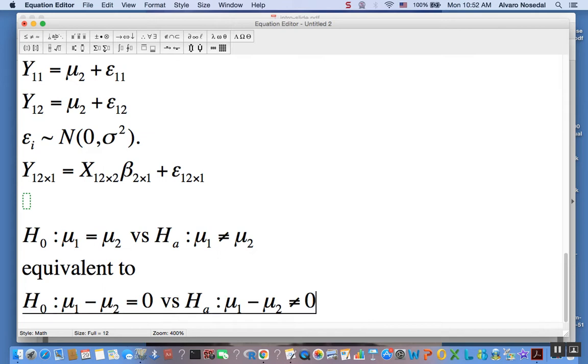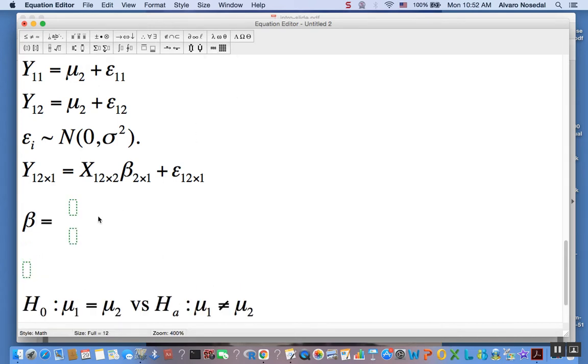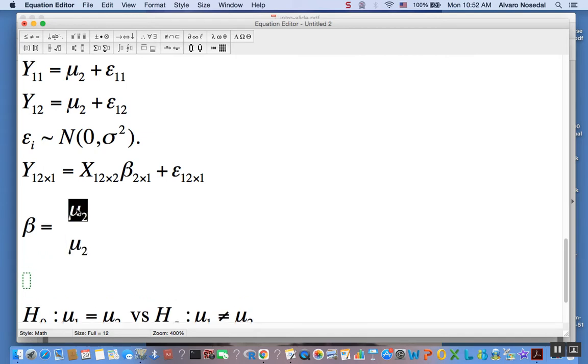But again, note that if we express our problem in terms of a linear model like this, our parameters, our beta vector, looks like this. It's going to be mu2, the second element of that beta vector, and mu1 is the first element. Make sense?